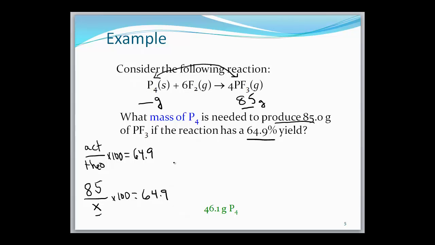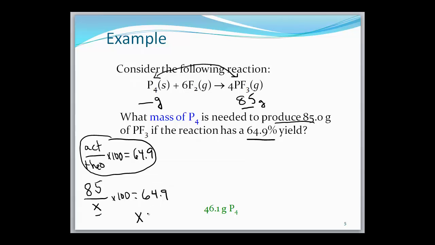To address the second part of the question, sometimes you might not be entirely sure how to do a problem. So what you do is you set up what you know, fill in everything, and then the unknown, figure out if you can use that unknown to find what you're looking for. And in this case, we were able to.